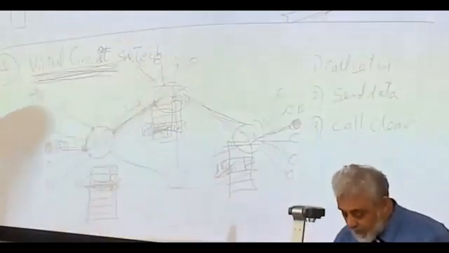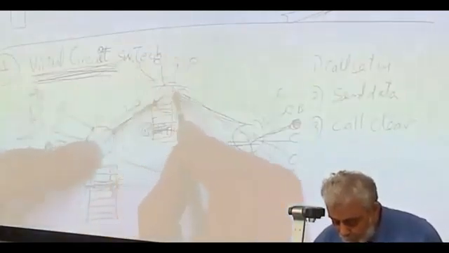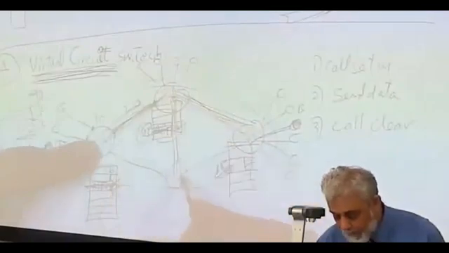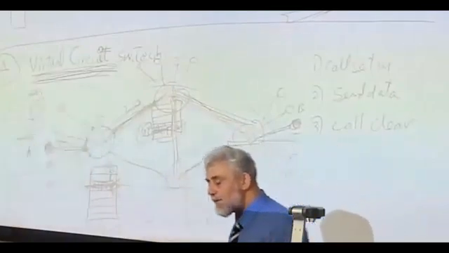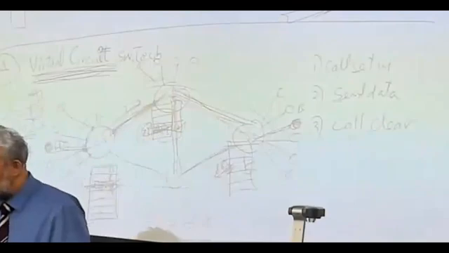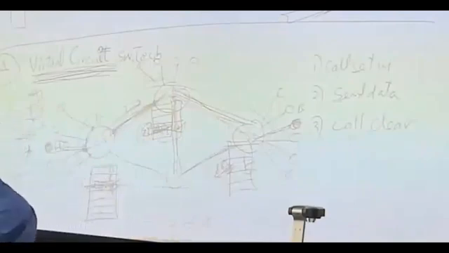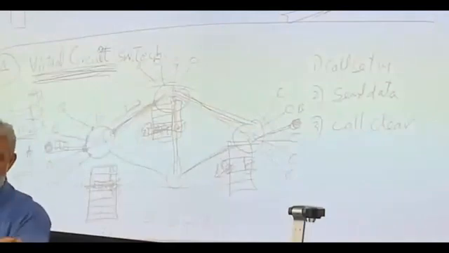So my question: does this virtual circuit share these links or are they dedicated? Who wants to answer? In this technique that we talked about, are the links shared or dedicated? Shared, they are shared, but the number who are allowed to share them is limited.